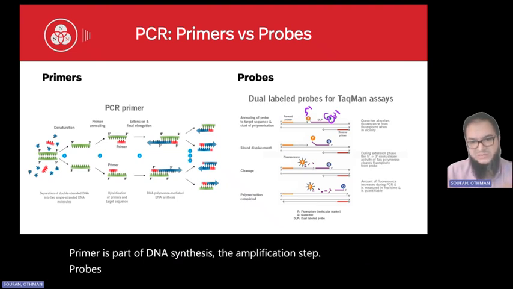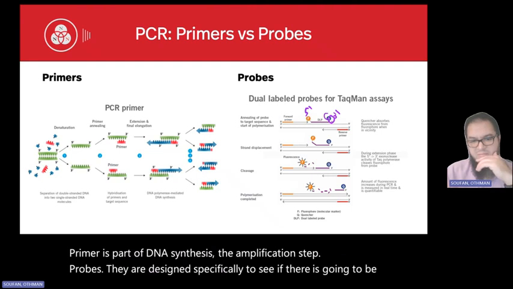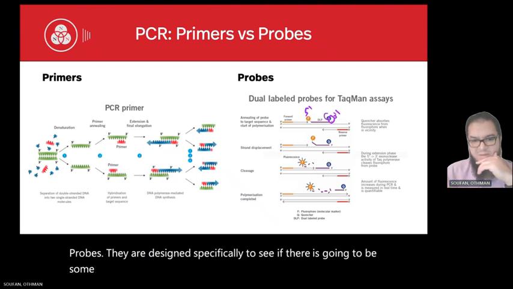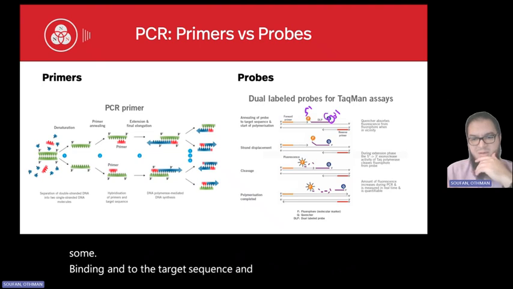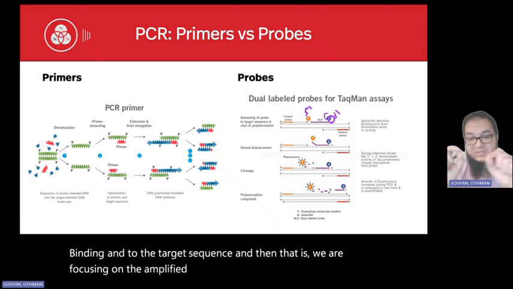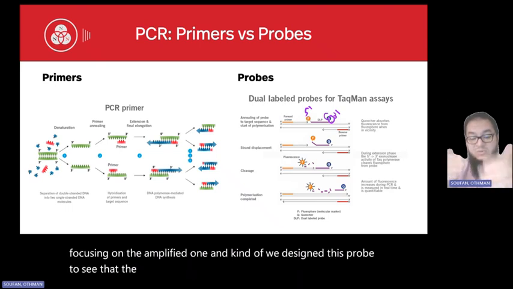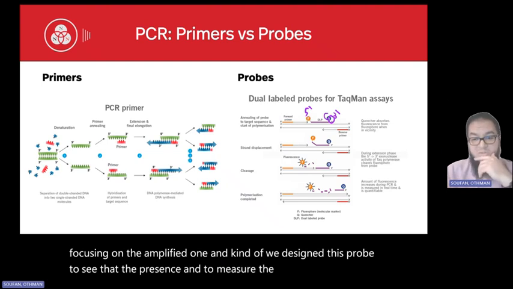Probes are designed specifically to see if there is going to be binding to the target sequence, and we are focusing on the amplified one. We design this probe to measure the presence of a certain gene.